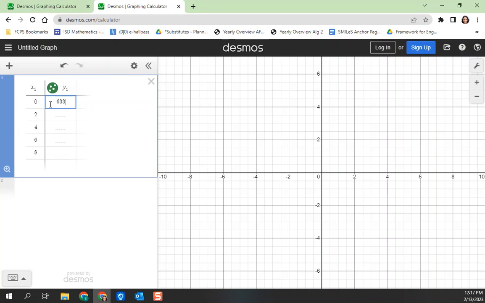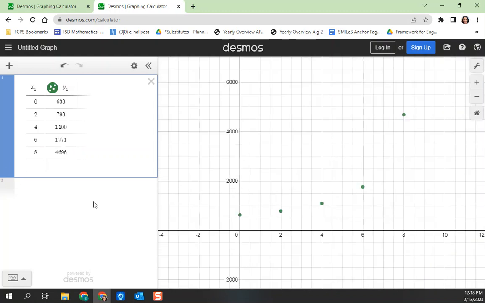And then enter your regression equation if you get the table in. $4,696. Okay. Remember, you can hit the zoom fit magnifying glass here and see the shape.